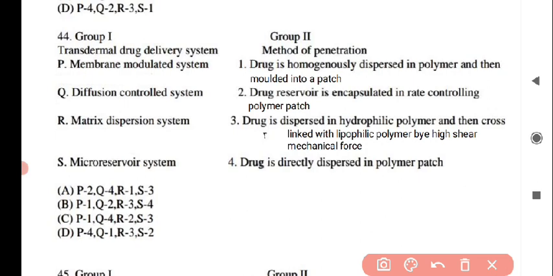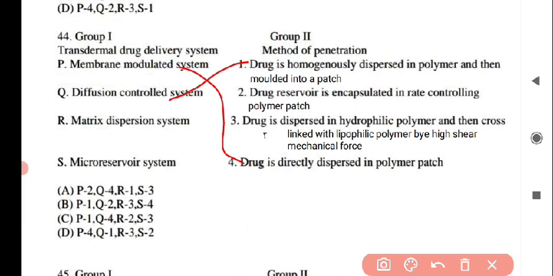Then in the next question, the group 1 contains drug delivery system and the group 2 contains method of penetration. So the first TDDS, that is membrane modulated system, the correct answer is option number 4, that is drug is directly dispersed in polymer patch. For diffusion control system, the correct answer is option number 1, that is drug is homogeneously dispersed in polymer and then molded into a patch.